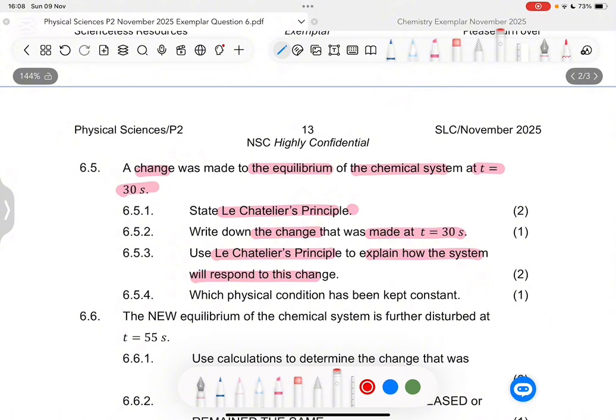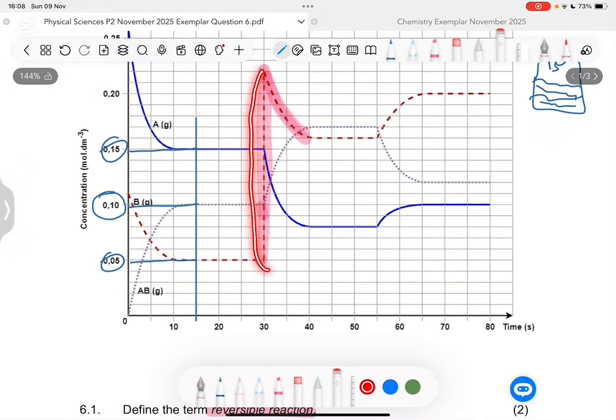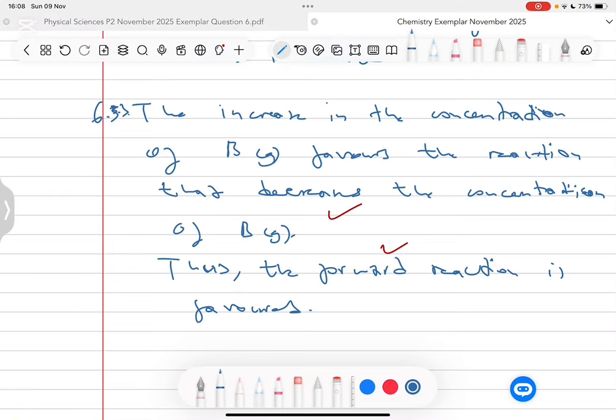Now let us jump to the next question, which says to us here 6.5.4, which physical condition has been kept constant? Now you must be able to see that when we make the changes of concentration here and everything up until this point, we must keep the temperature constant in this whole process, because if you change the temperature, our reactants and product will behave differently.